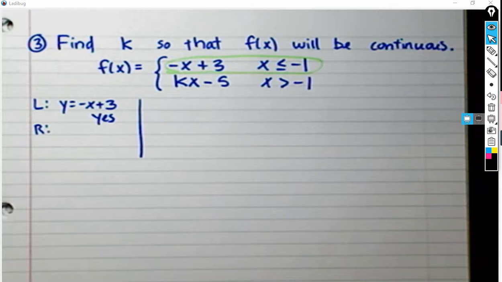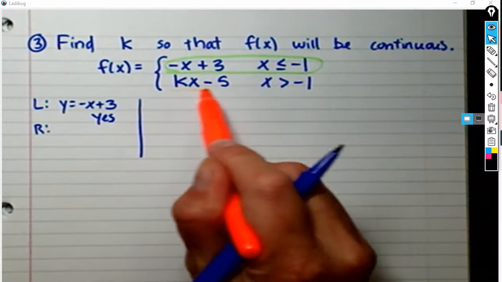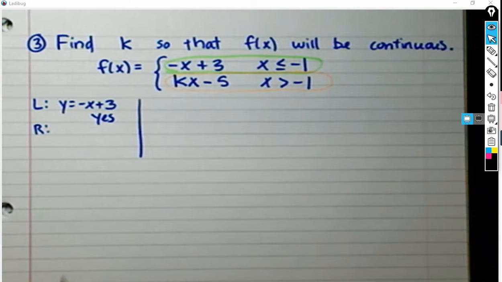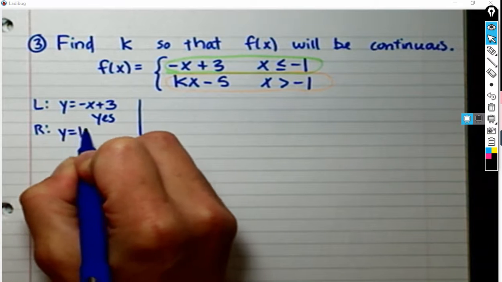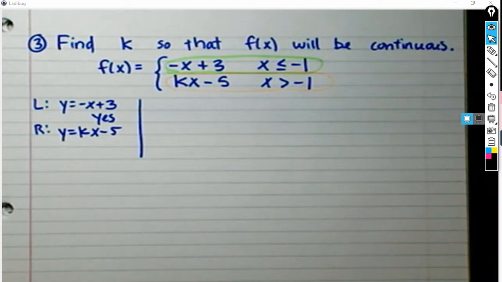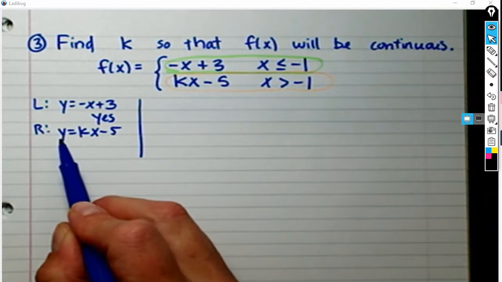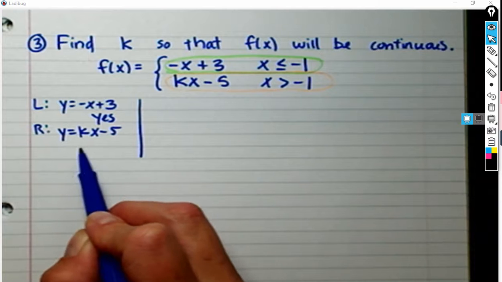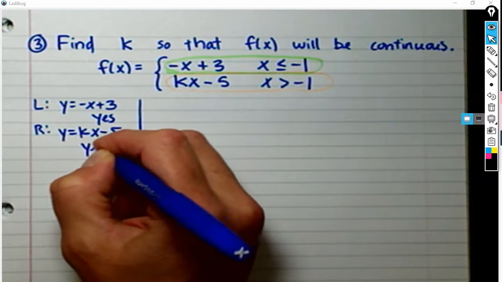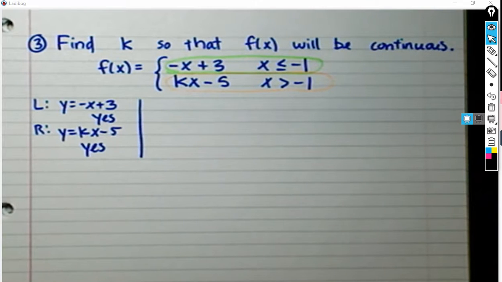Tessa, which one is the right side? Okay. So the k is basically representing the slope, right? I just don't know what it is. Jasmine, is the graph of y equals kx minus 5 a continuous graph? Yes. Okay, because it's just a straight line.